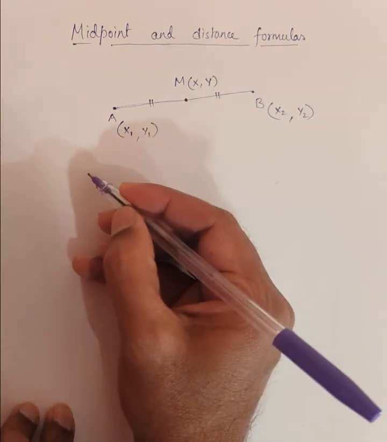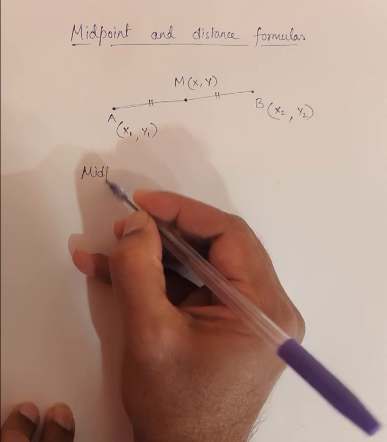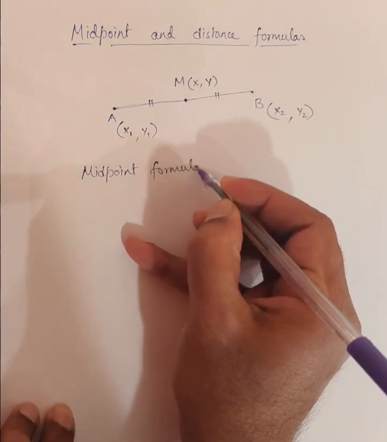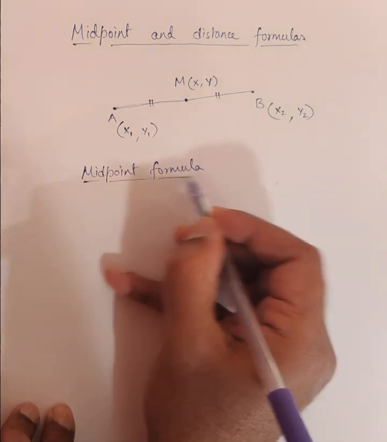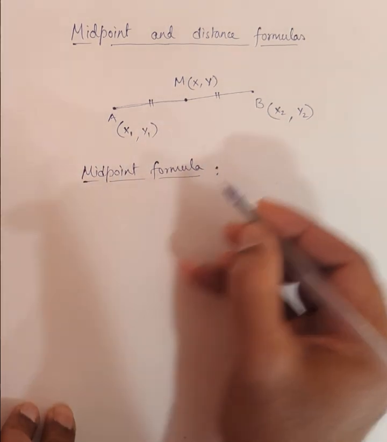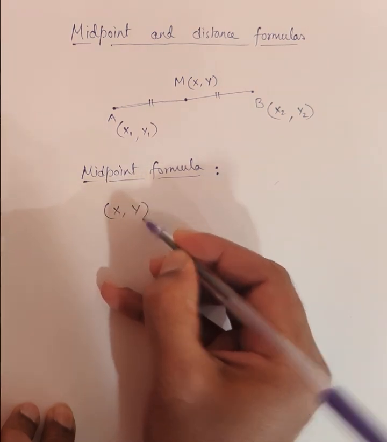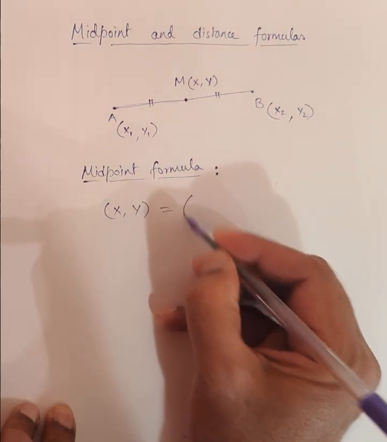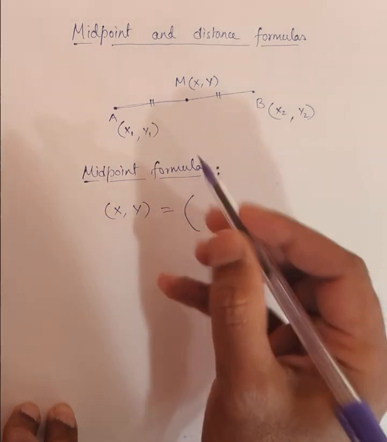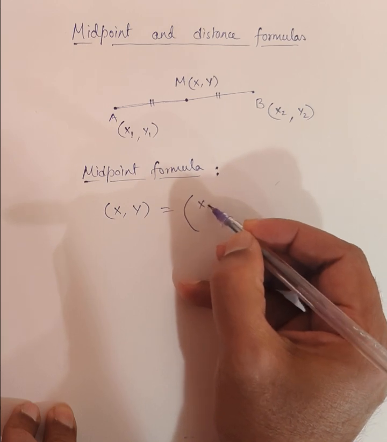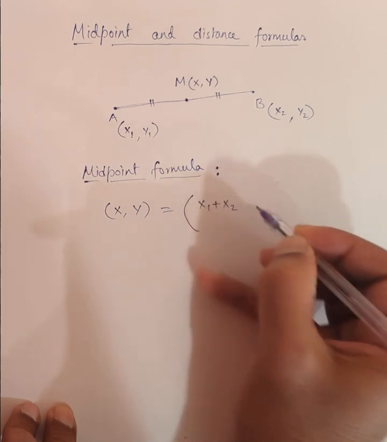And the midpoint formula says that the coordinates will just be the average values. So what are the coordinates of the midpoint? I can write x comma y. To find the x value, I have to take the average of x1 and x2.